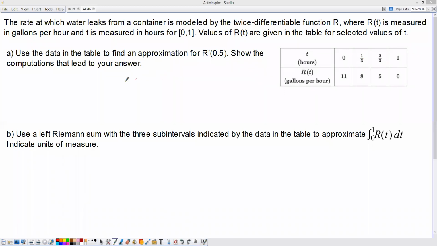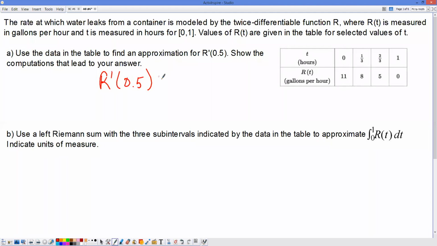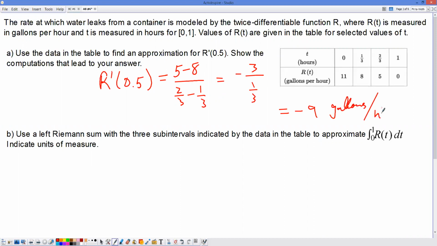And so we'll approximate R prime of 0.5 as (5 minus 8) over (2/3 minus 1/3). So that should be -3 over 1/3 or -9 gallons per hour, or gallons per hour squared.